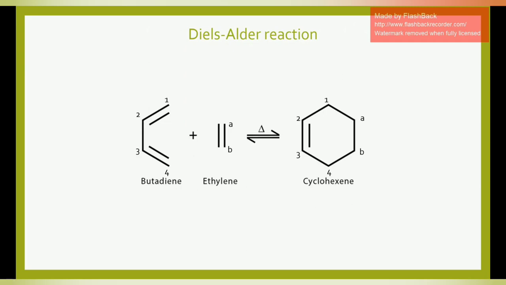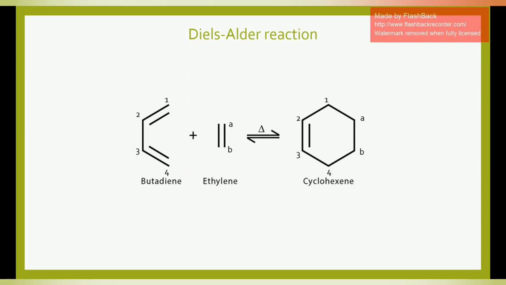The pi electrons between carbon 1 and 2 move in between carbon 2 and 3. The pi electrons between carbon 3 and 4 move out to form a sigma bond between carbon 4 and B. And the pi electrons between B and A move out to form a sigma bond between carbon 1 and carbon A.